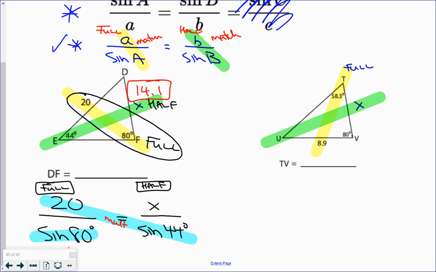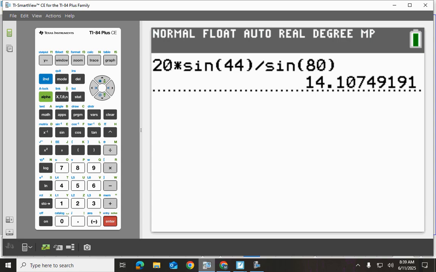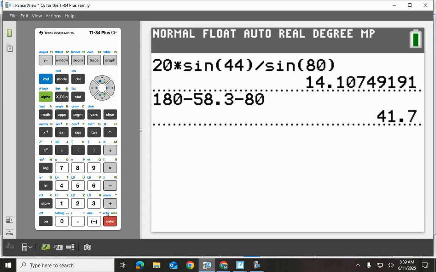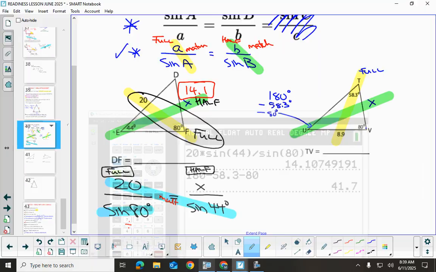No. Okay. But you have two corners of the triangle. How can we find the third? Go back to grade 8. How can we find that corner? 180 minus 58.3 minus 80, right? Because the corners have to add up to 180 degrees. So that corner is 41.7.